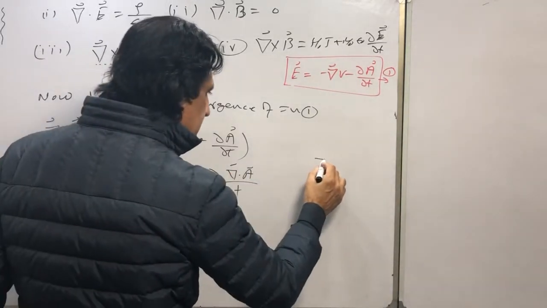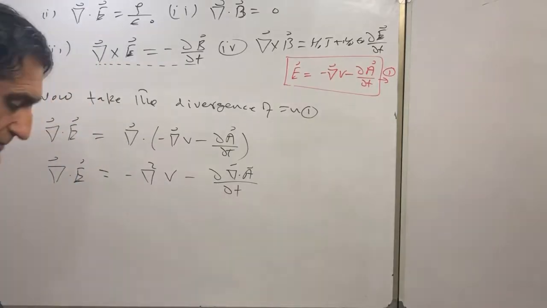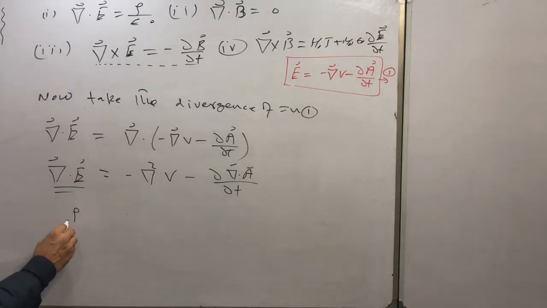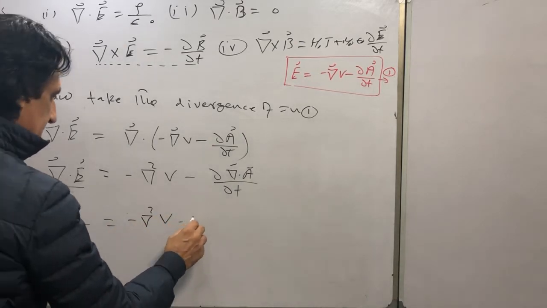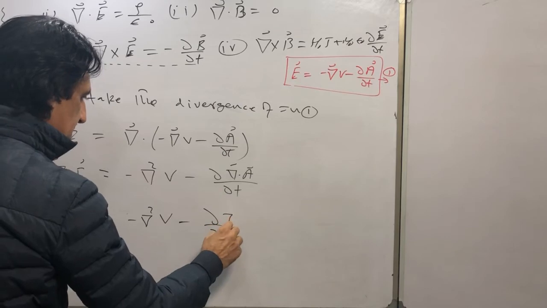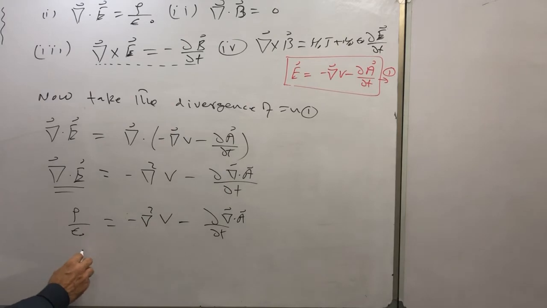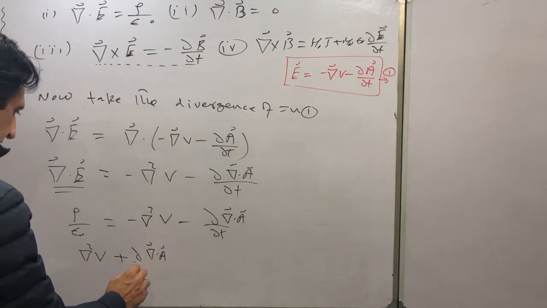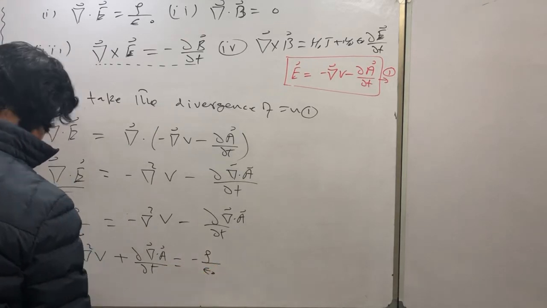We know about this divergence of E. This is equal to rho divided by epsilon naught, which is equal to minus del square V minus partial divided by partial t of divergence of A. And this equation can be written as del square V plus partial divergence of A by t, which is equal to minus rho divided by epsilon naught.